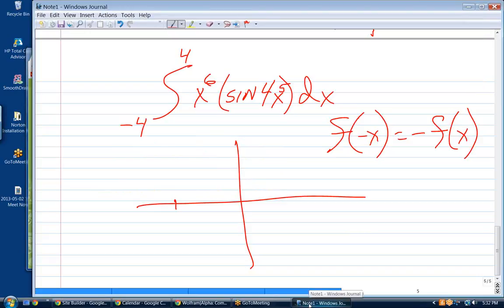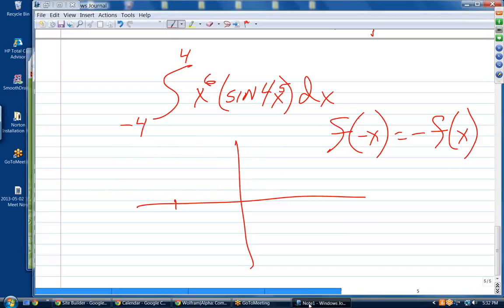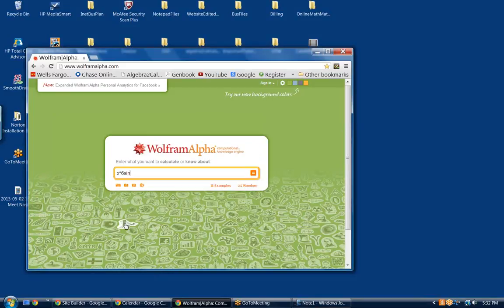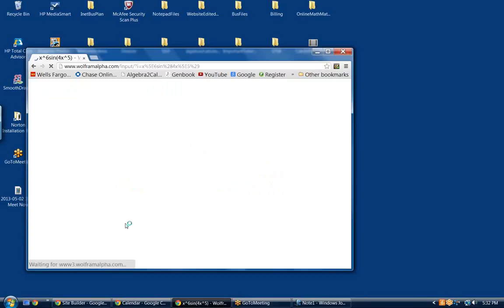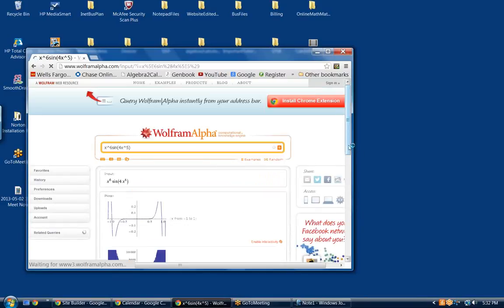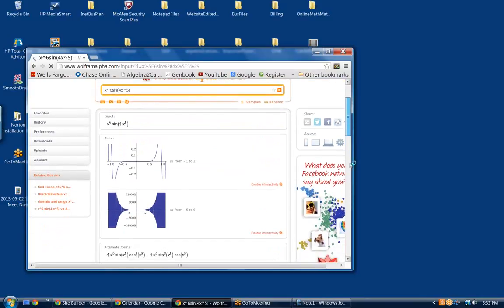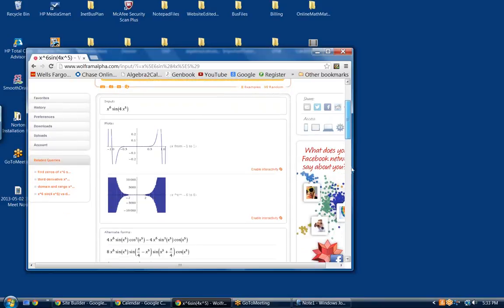So this is x to the sixth sine of 4x raised to the fifth. Okay.